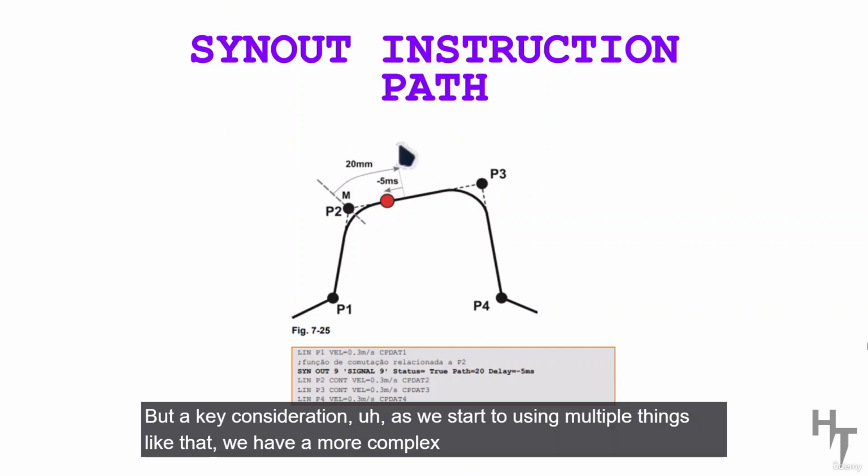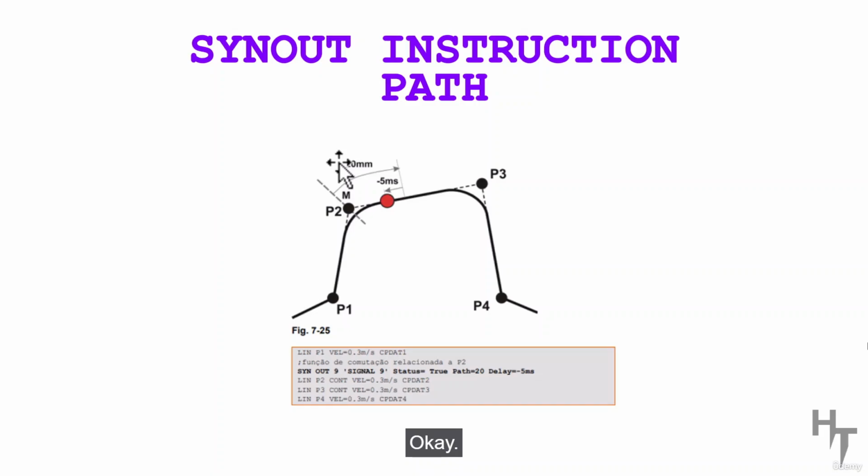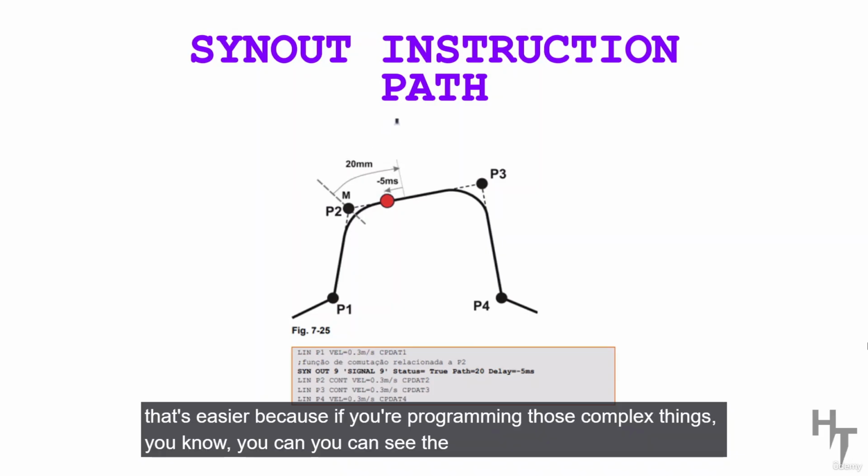But a key consideration: as we start using multiple things like that, we have more complex software that is hard to understand. So always stick to basics. If you can handle a situation with regular outputs, linear movements, and just regular stuff, that's easier.